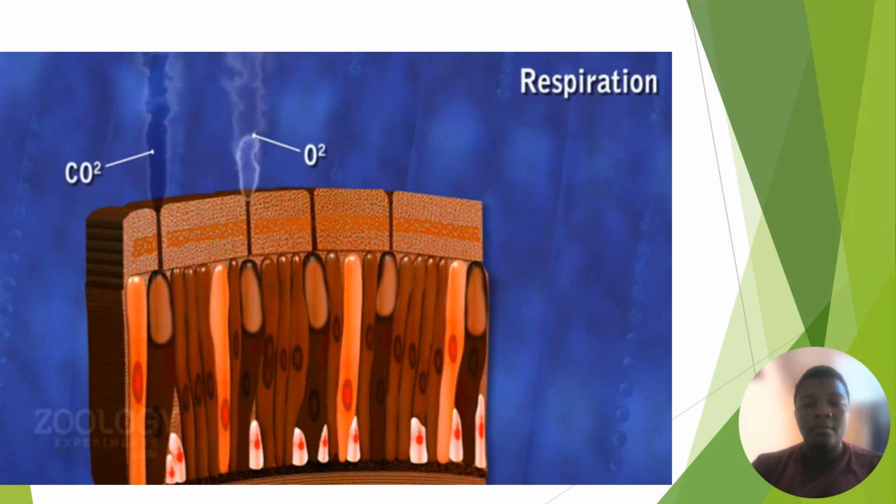Hemoglobin dissolved in the plasma of blood acts as a respiratory pigment, transporting O2 to the body tissue.